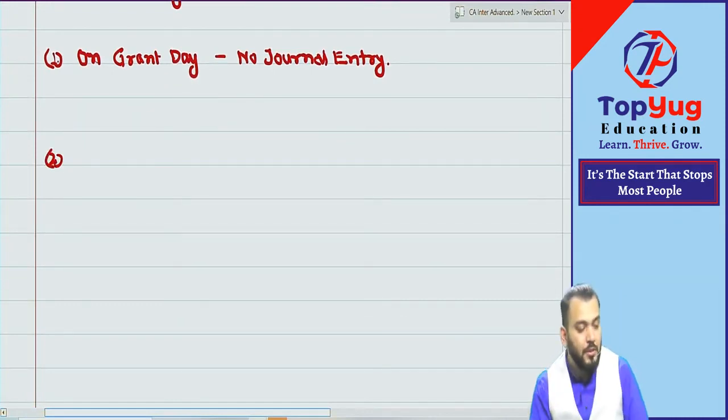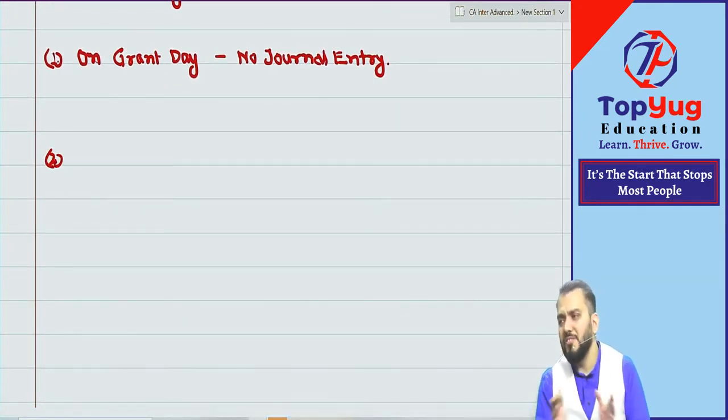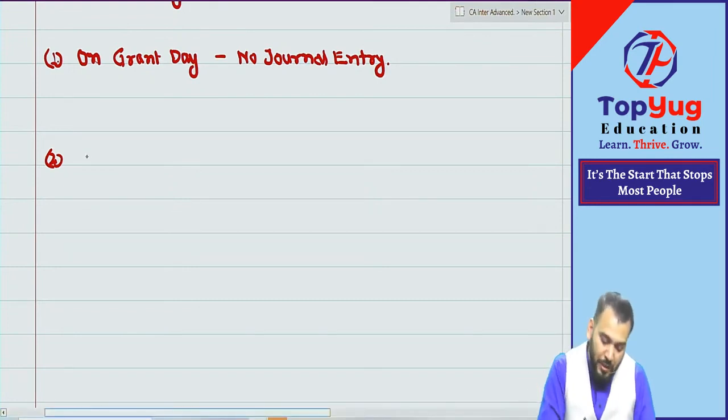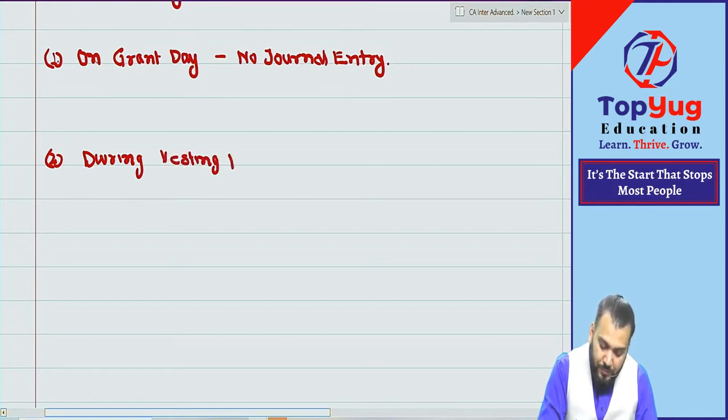Point number two. Then we will pass journal entries during the vesting period. Write down point number two: during vesting period.